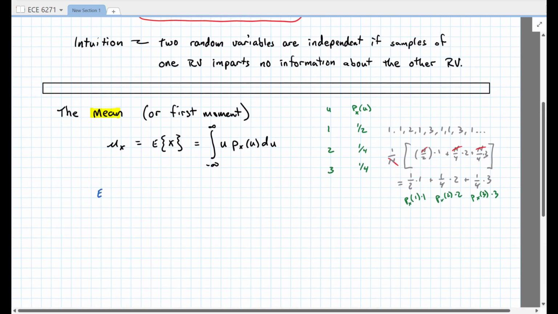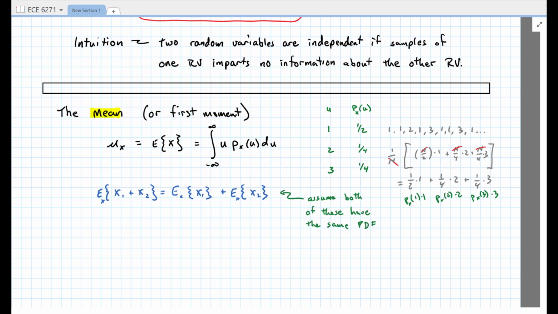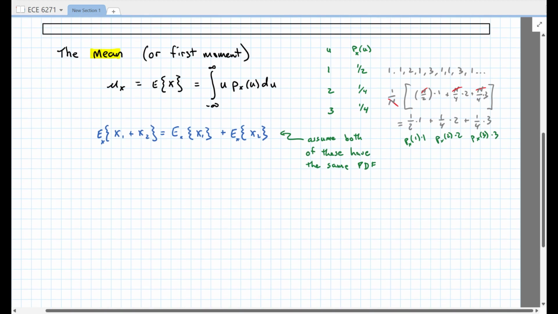And so the linearity, for example, of the integral means that if we had two variables with the same PDF right now, we'll talk about what happens if it's different in just a moment. The whole thing is linear. We could just factor that out. So in this particular case, we assume they both have the same probability density function.